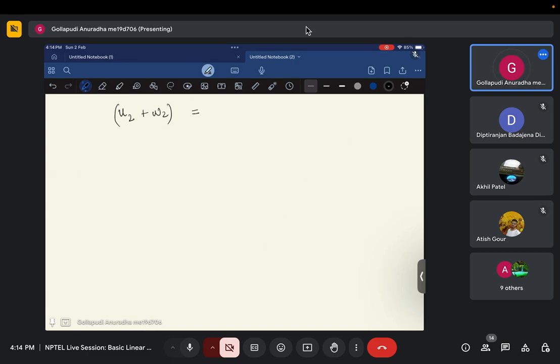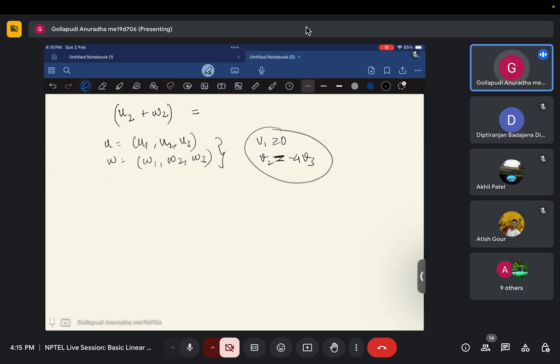So as I said, these are in the space. These are the set which will satisfy these conditions given.